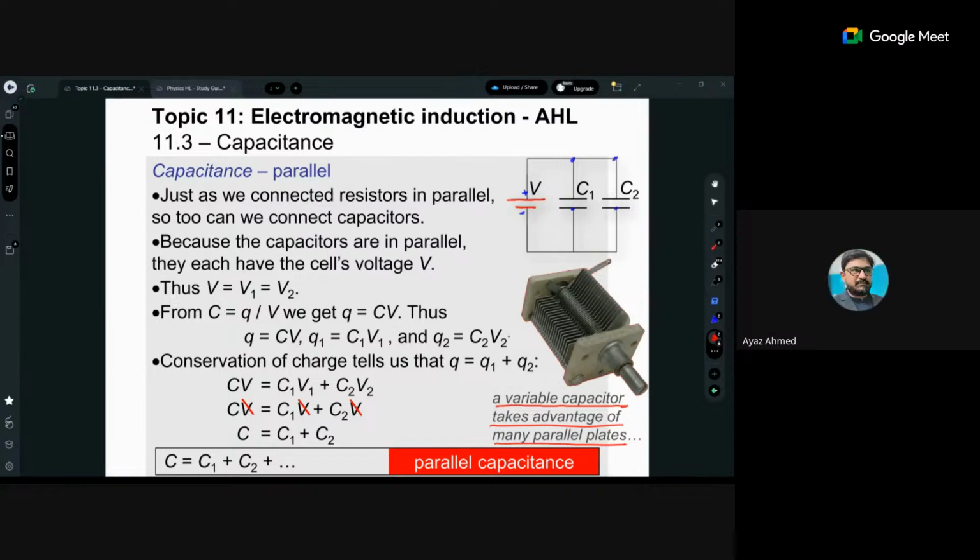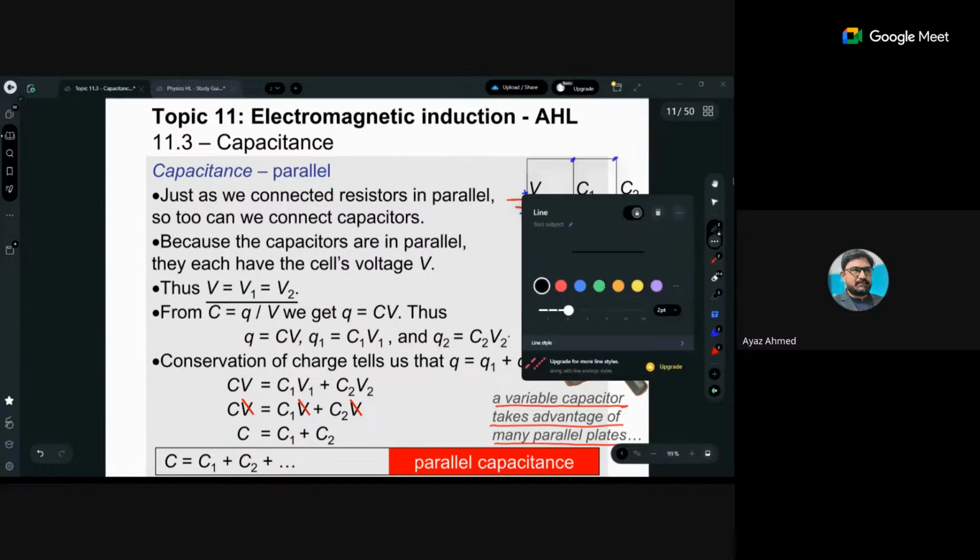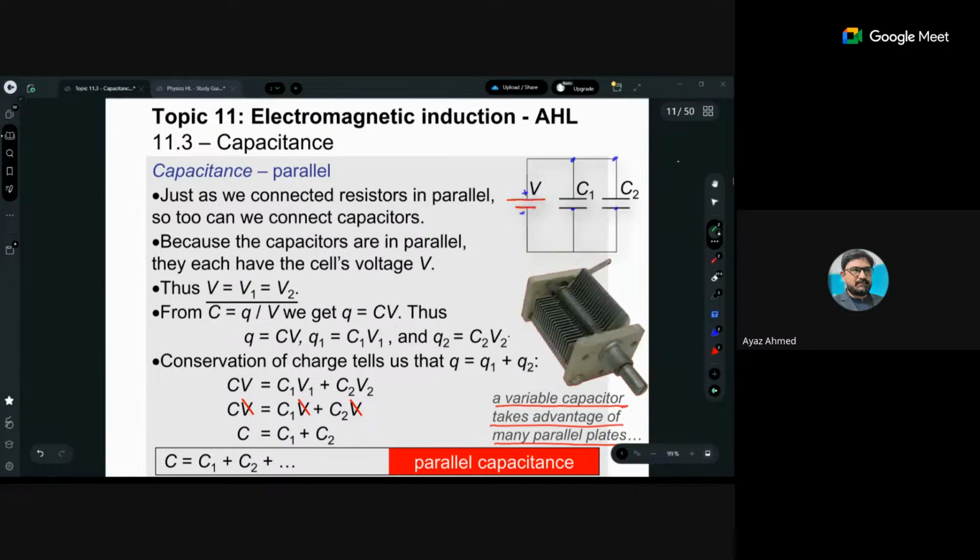I can say that in a parallel combination, the voltages remain the same. The voltage remains unchanged, so V is equal to V1 and V2. This is basically the equation you have to remember.